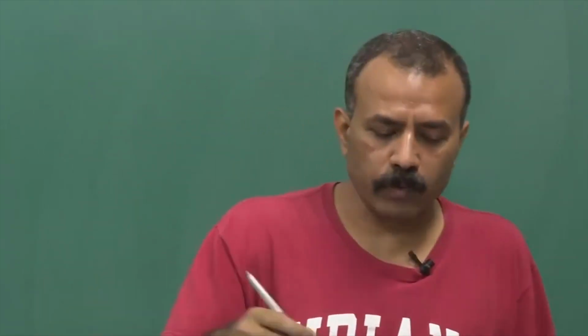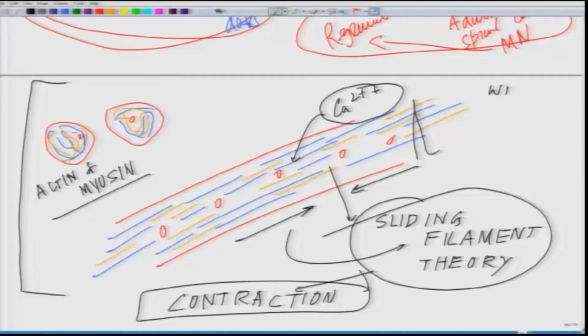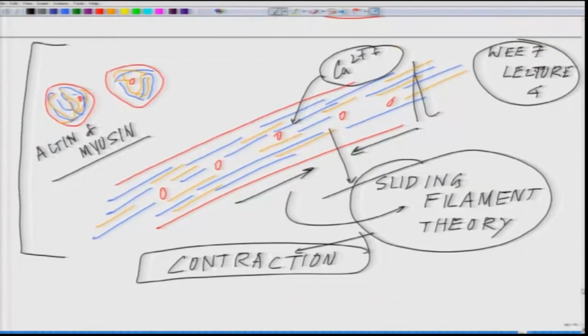It is something like what I drew in the last class, I will pick it up from here. So, this is week 7, lecture 4. Okay. So, there is a sliding filament to happen.